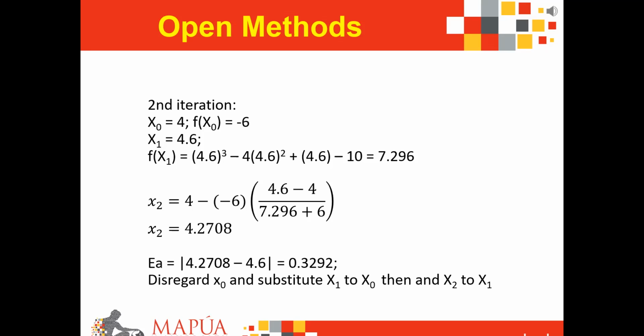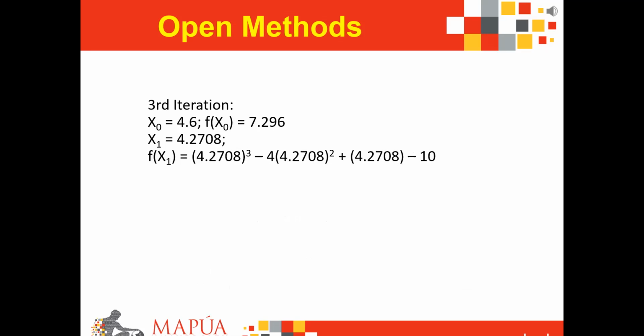Substitute your 4.6 from x1 to x0 and substitute your calculated 4.2708 to x1. So on the third iteration, your x0 is 4.6 with a function of 7.296, while your x1, 4.2708, will have a function equal to -0.7899 with this solution.